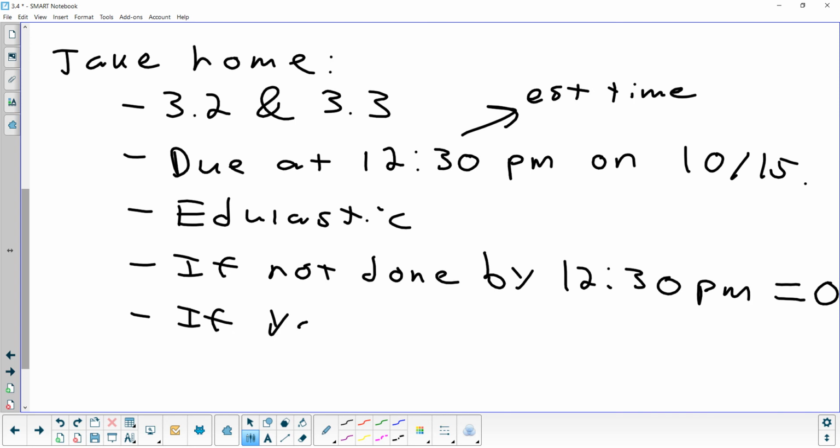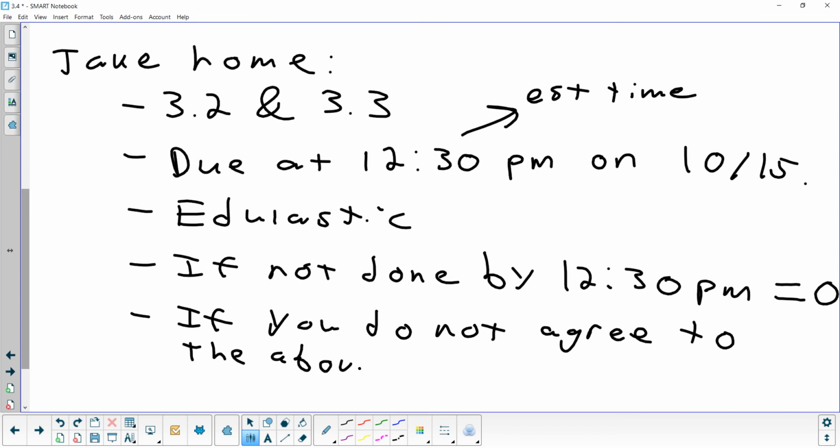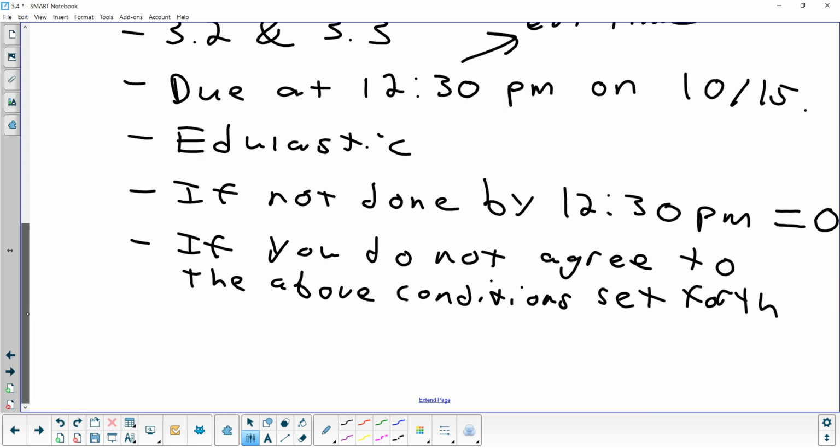If you do not agree to the above conditions set forth, then you can take the test in class at a different time. Take in class.